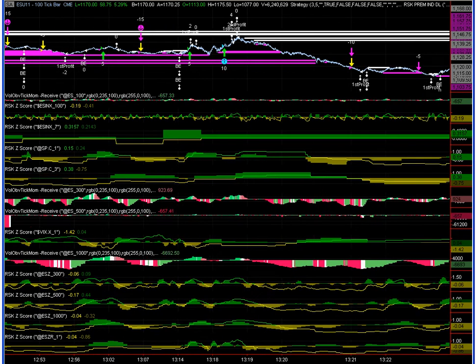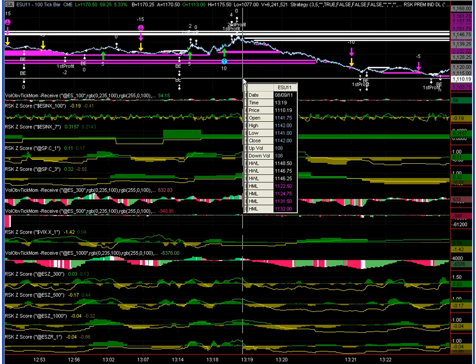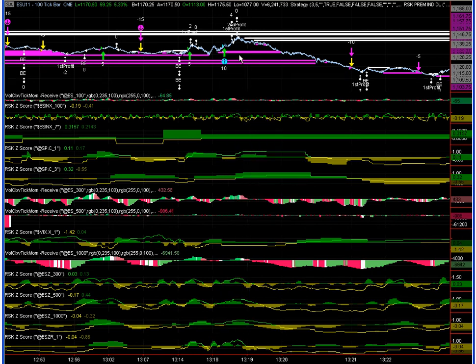But then, right at the time of the announcement, right over here, as the market shot up and then started to come down, we didn't catch that drop. That was a big drop, but conditions just were not favorable to enter the trade based on the variety of conditions that we had set up.